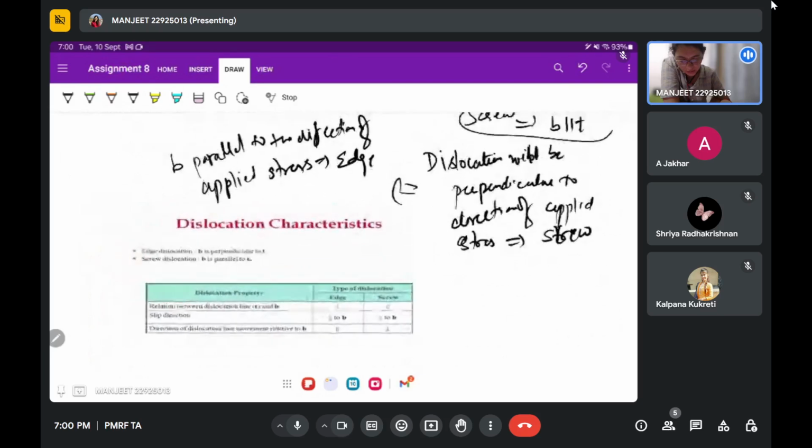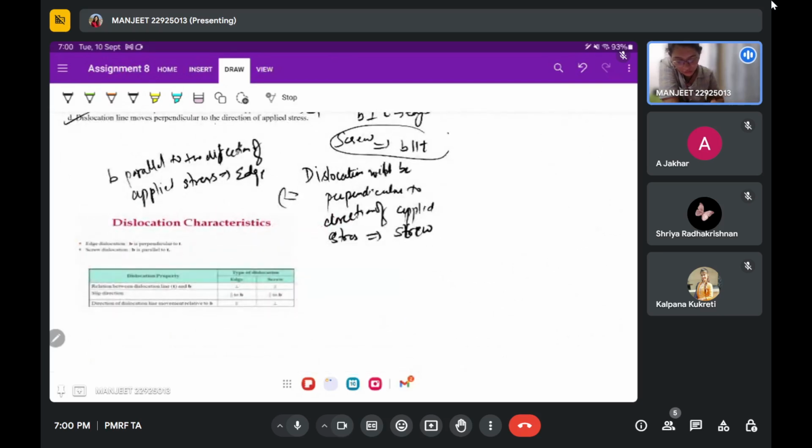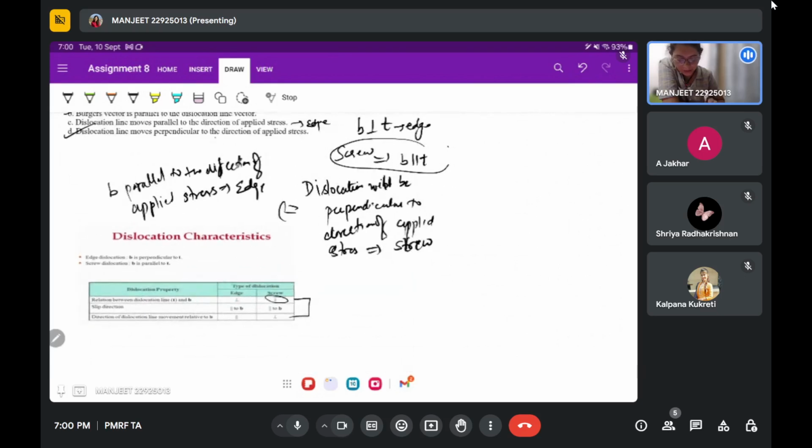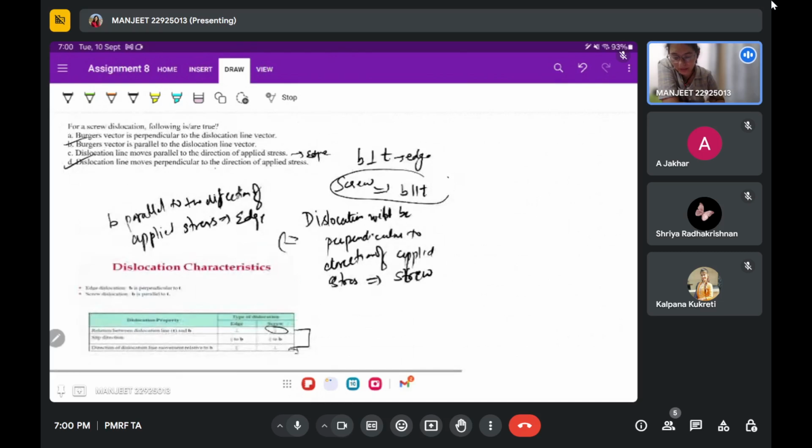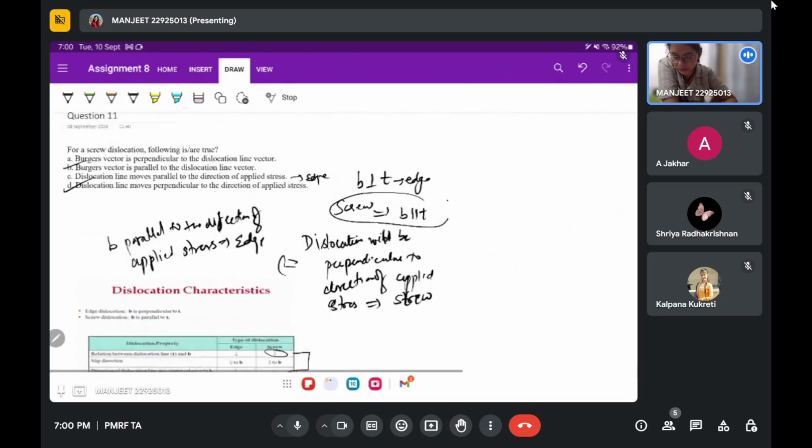We have used these two properties: the relation between the dislocation line T and B is perpendicular in the edge and parallel in the screw, and the dislocation movement is parallel to the applied stress in the edge and perpendicular to the applied stress in the screw dislocation. So B and D is the correct answer. Okay, so this is all about question number 11.